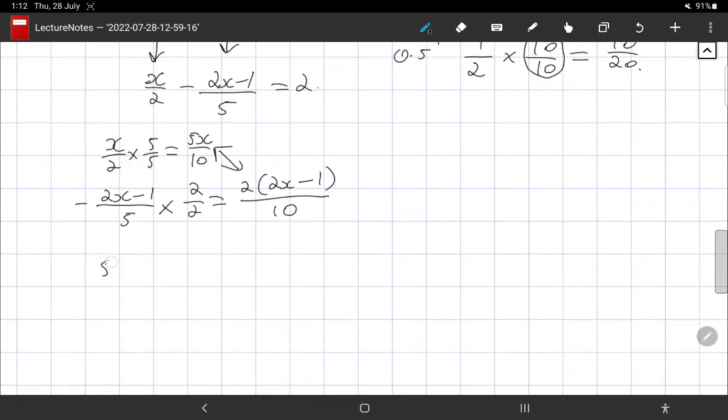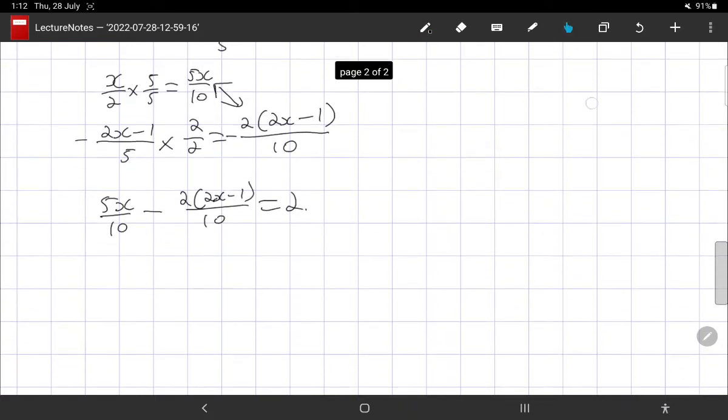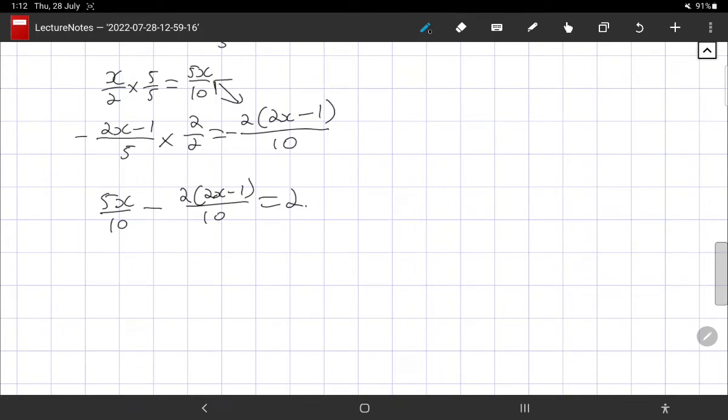We've got 5x over 10. We take away, that's a negative, we take away 2. 2x take 1 over 10 equals 2. Now that we've got the same denominator, we can combine them. So we can have 5x take 2, 2x take 1, all over 10 equals 2.